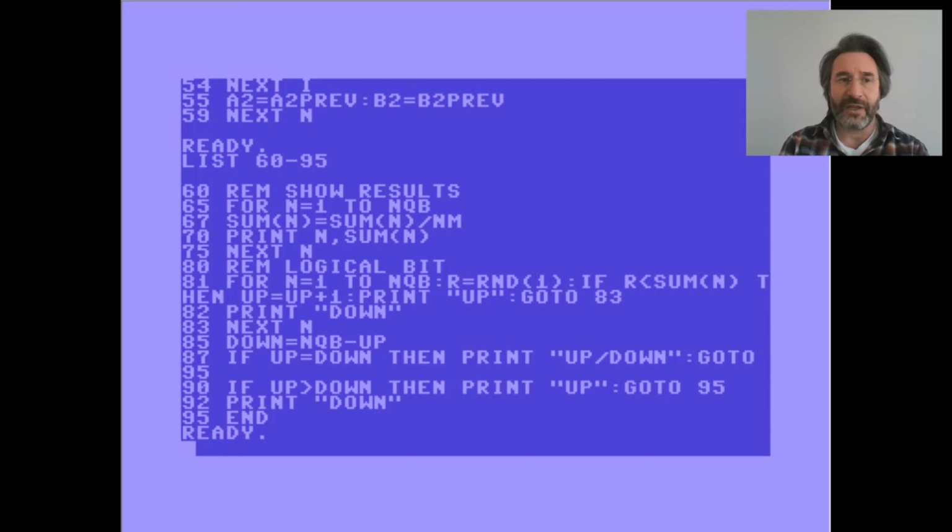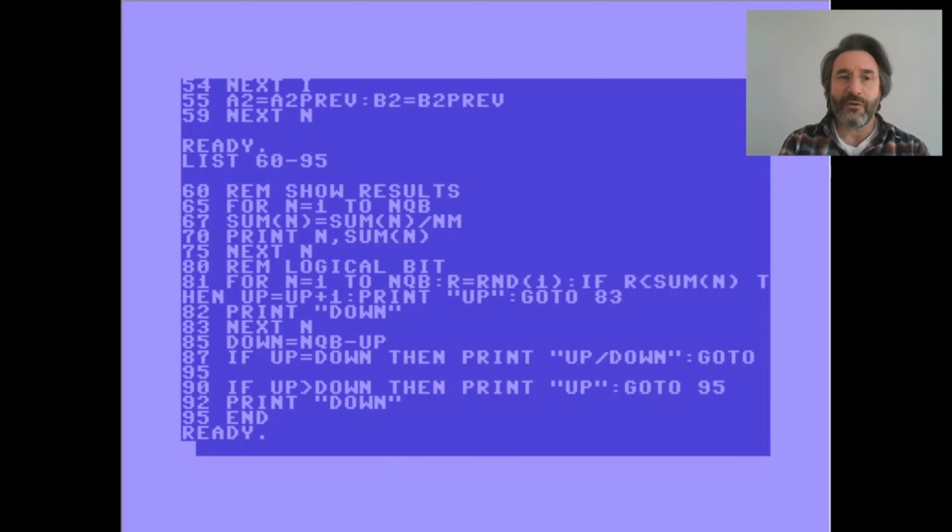And then from line 80 until practically line 92, this is where we mimic the presence of a logical bit. So if nqb is bigger than 1, practically this is a part that makes sense. And what we do there is we mimic a measurement, and then we check what is the majority of measurements that we got. And depending on what we got, we are going to say that practically the logical bit is in this particular state or is in that other particular state.